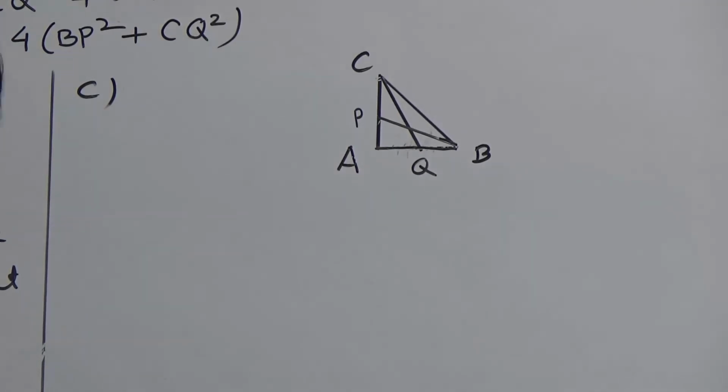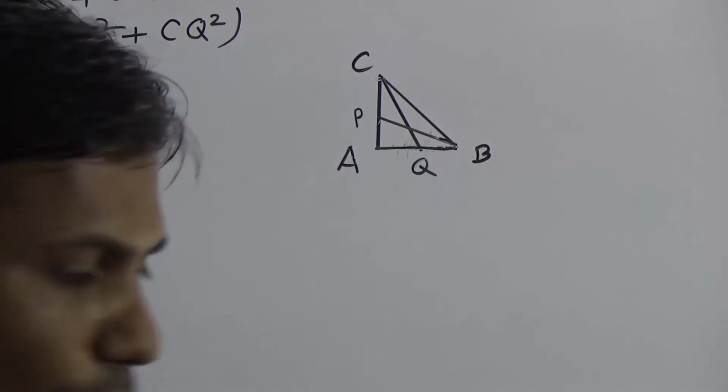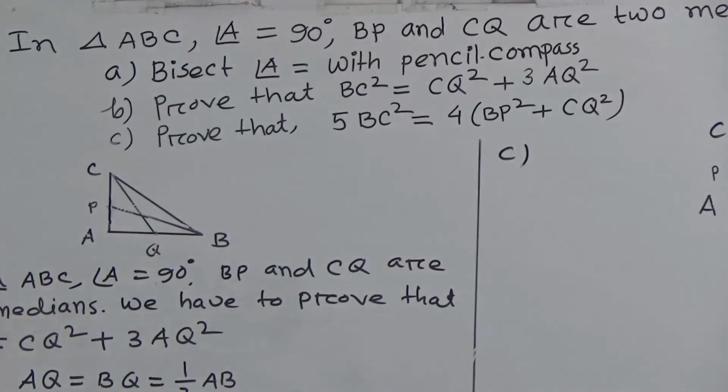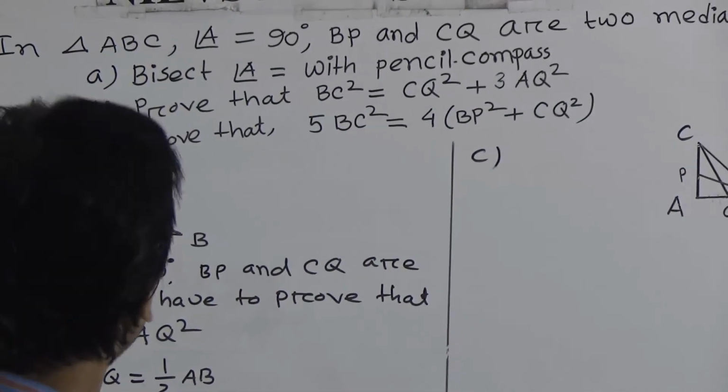Dear student, you see the question number C, we have to prove that BC square equal to BP square plus CQ square. Okay, right.